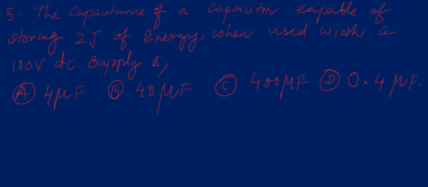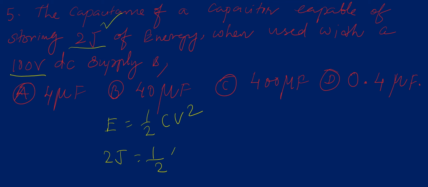The capacitance of a capacitor capable of storing 2 joule of energy when used with a 100 volt DC supply is. Options are given. The equation for energy stored in a capacitor is E equal to half CV square. Here energy is given as 2 joule, that is equal to half into C into potential, given as 100 volt, so it is 100 square.